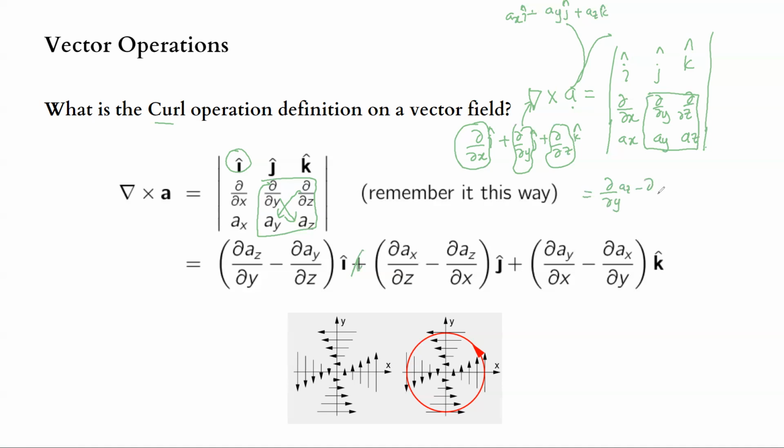So we first take the cross product between these components in this box, right? First we take del over del y a z minus del over del z a y. First we take that and we multiply by i hat. That is the first component. Then we put a minus sign here.